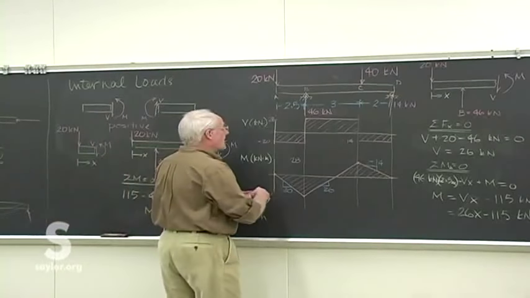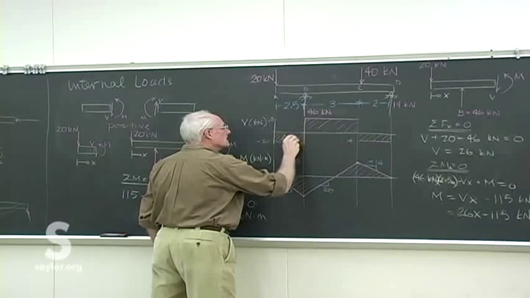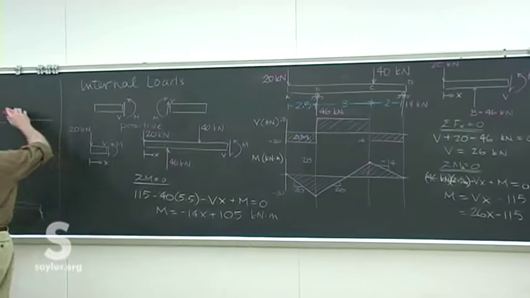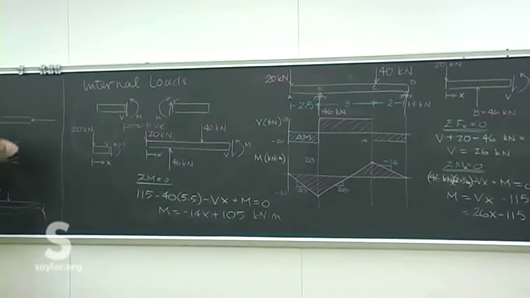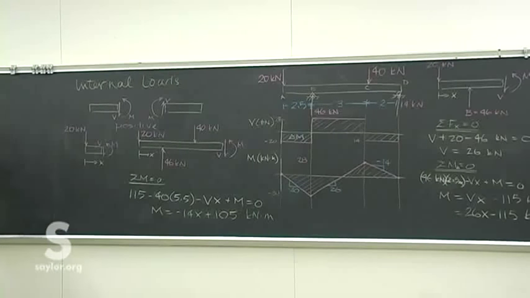Remember too that the area of the shear diagram between any two spots is the change in the moment in those two spots. So all of these things should check. Even if you do get a minus sign wrong somewhere, you should be able to catch it with these checks that we can do.